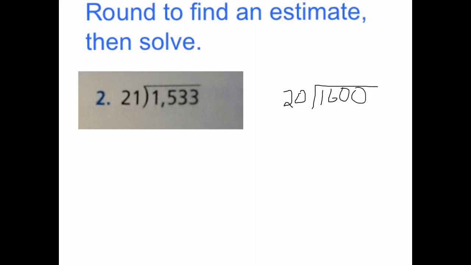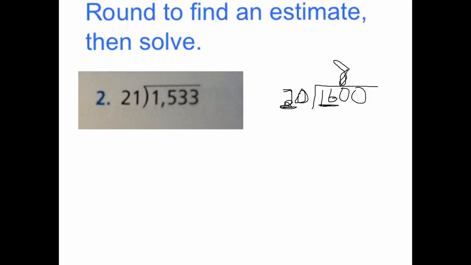Now what that does is that helps me make a good guess of what number I should start with to go into 160, because I know that 20 or 2 will go into 16 8 times, so 20 will go into 160 8 times. So that's probably where I'm going to start.